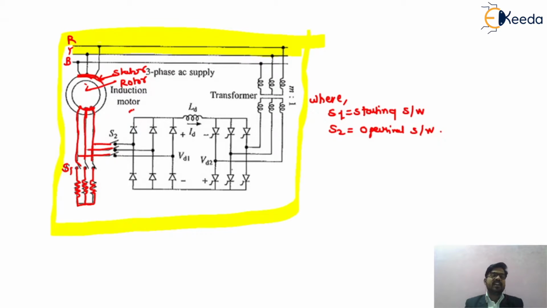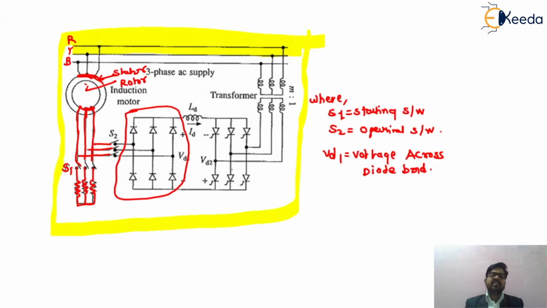Then this will be called VD1. Basically this portion is called VD1, the voltage across the diode bridge rectifier, because as we have seen in the diagram, we are using a diode bridge rectifier.